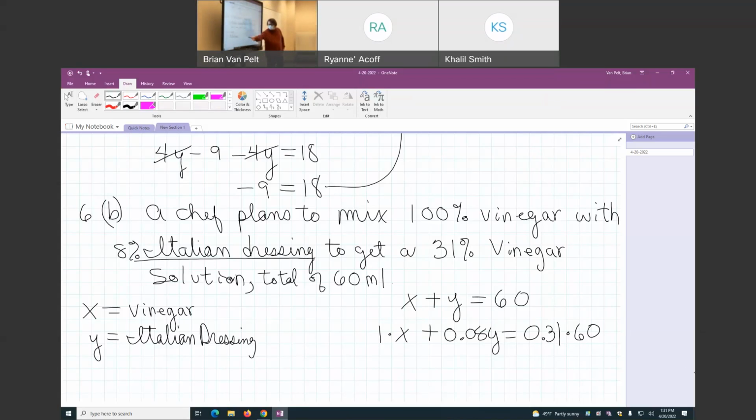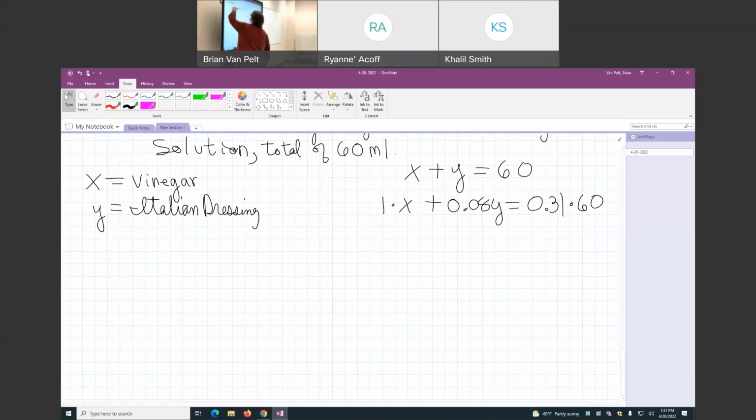My whole job is to find out the amount that I used of that and the amount that I used of that. Let me rewrite them to look a little better. X plus Y equals 60, that was okay. Then we have X plus 0.08y. Multiply that, I think it comes out to 18.60.